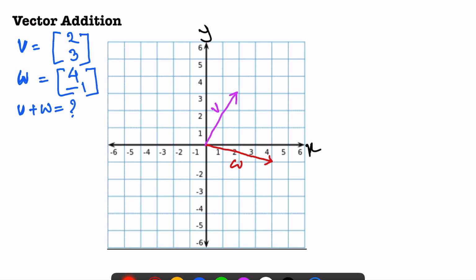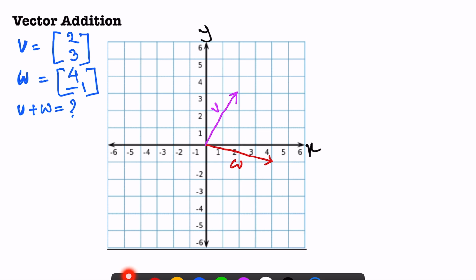How we do this is we move this second vector and place it at the tip of the first vector this way. Now we have already discussed that vectors can move around in space. As long as the magnitude or length and the direction remain the same, two vectors will be the same.